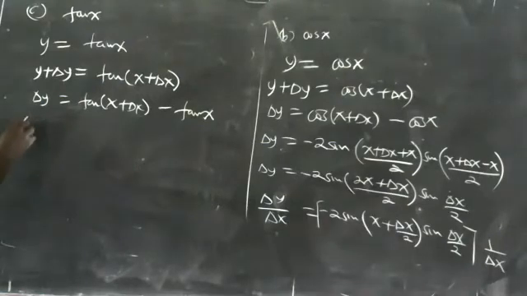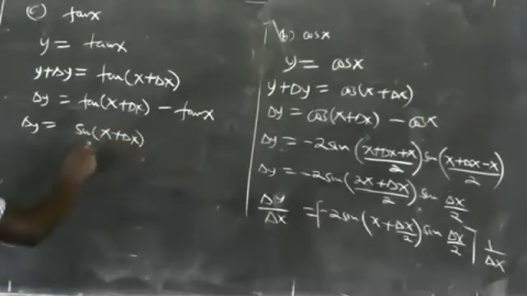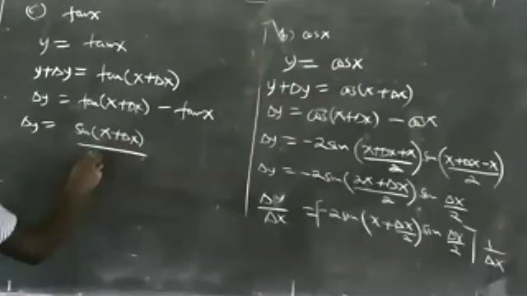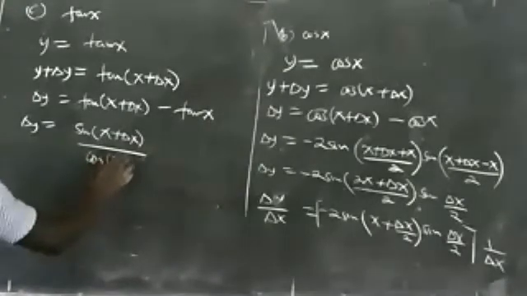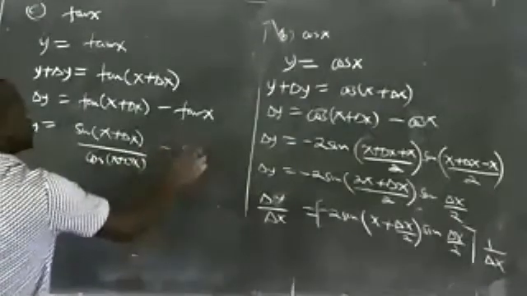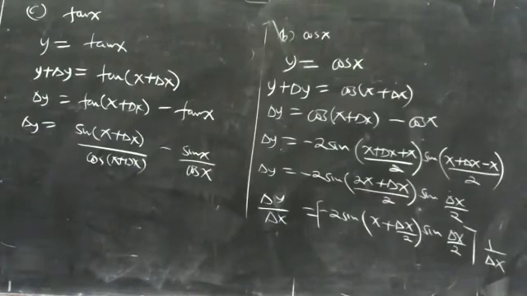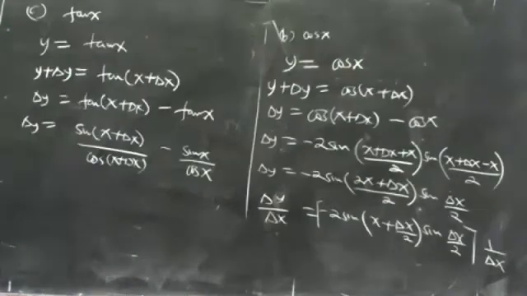Meaning our change in y becomes sine of x plus change in x divided by the cos of x plus change in x, minus sine x over cos x, like that. Now come and get the LCM.